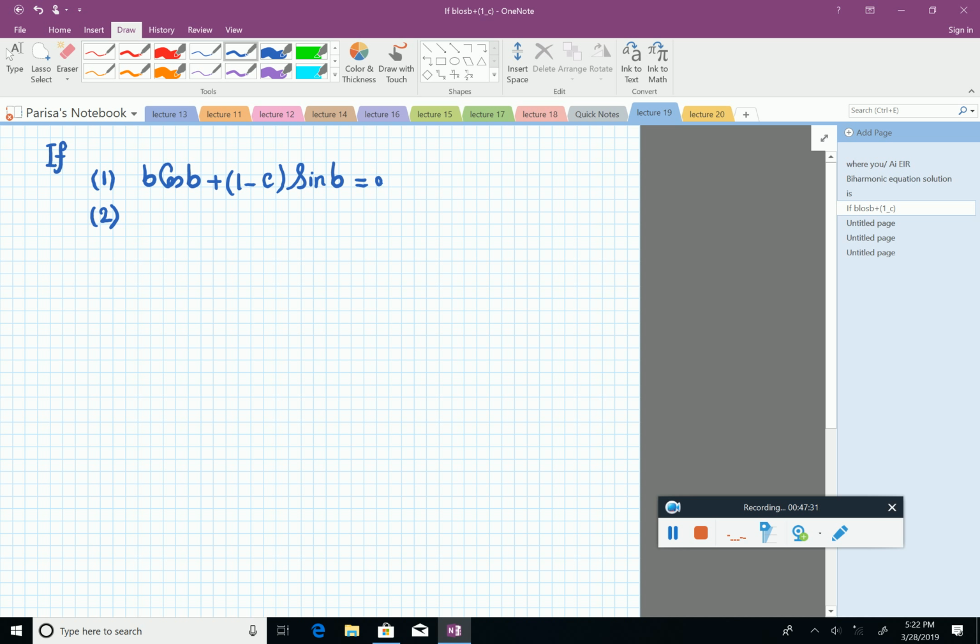If this is equal to 0, and the other one, c cosine b plus b sine b is equal to 0, then both 1 and 2 are traction free.